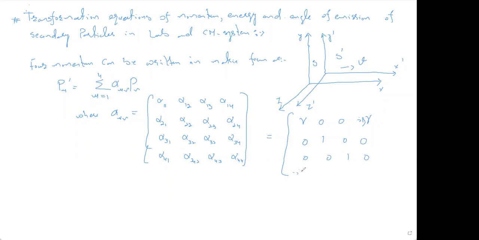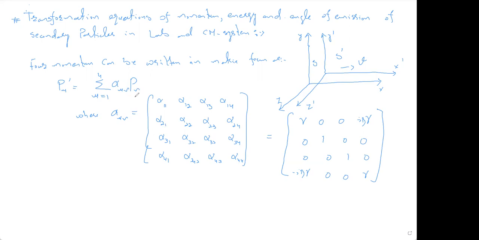And here it will be minus i beta gamma, 0, 0, and gamma. So you can correlate from this matrix that alpha 1 1 is equal to alpha 4 4, which equals gamma. Alpha 1 4 is i beta gamma and alpha 4 1 is minus i beta gamma. Alpha 2 2 and alpha 3 3 are equal to 1, and the rest of the elements are 0.